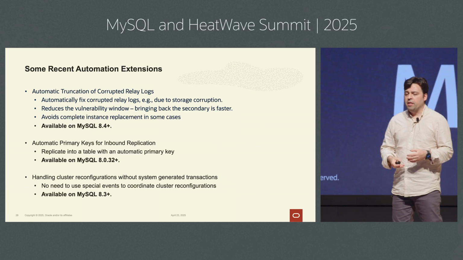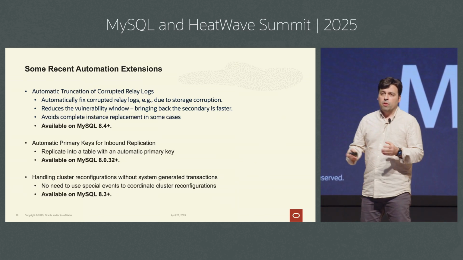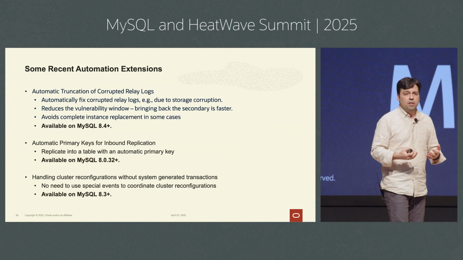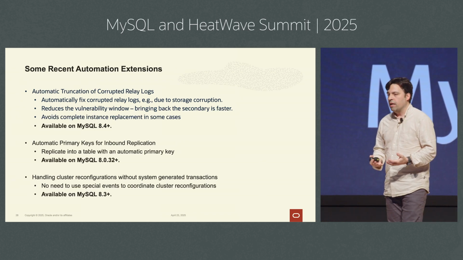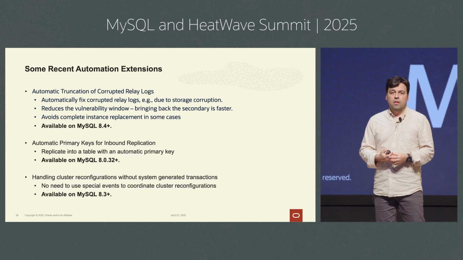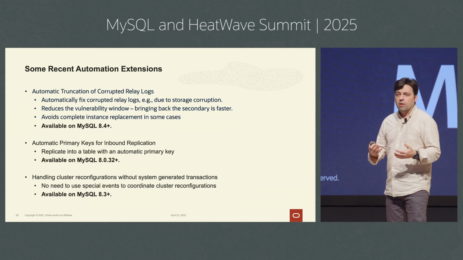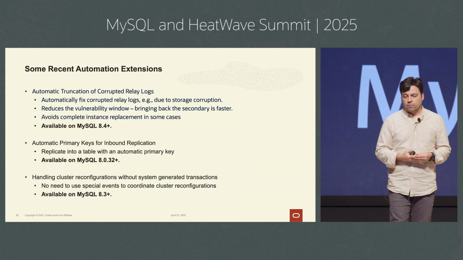Also, automatic primary keys is a feature that was introduced some time ago, but it's really interesting because the server will take care of those cases where people don't actually have primary keys on tables, which is a relevant thing when we talk about replication and so on.